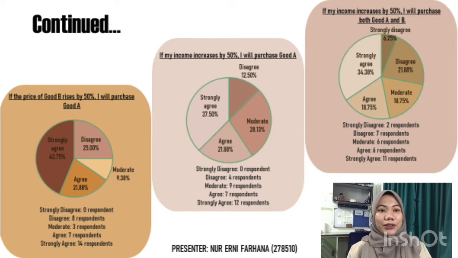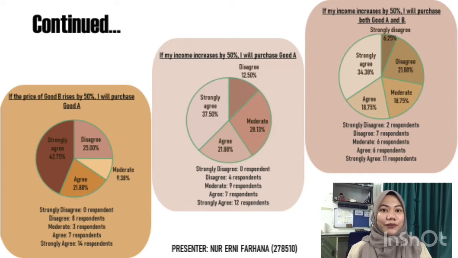In the meantime, 0 respondents, which means no respondents, strongly disagree with this statement. 7 respondents selected agree, which is about 21.88%. Moderate was selected by 9 respondents, which is about 28.13%. And lastly, 4 respondents disagree with this statement, which is about 12.5%.